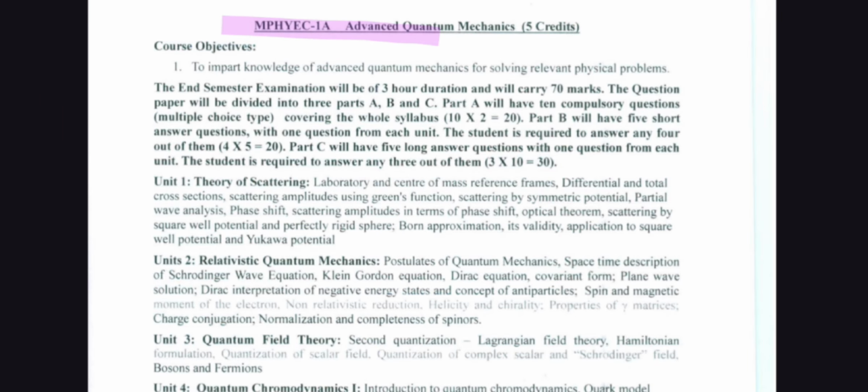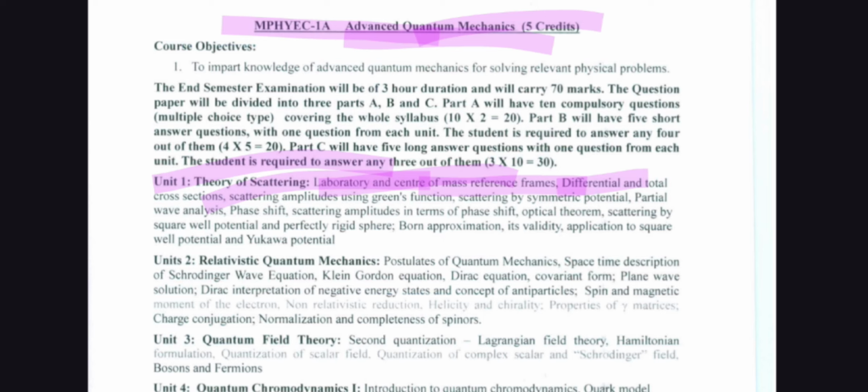So MSc Physics EC elective course A1, Advanced Quantum Mechanics. This is my favorite paper. Theory of scattering, laboratory and center of mass.